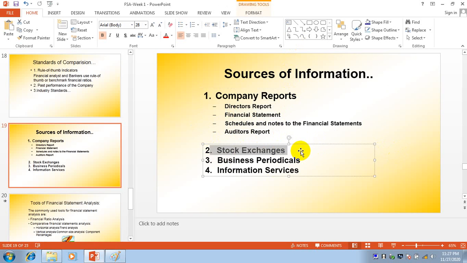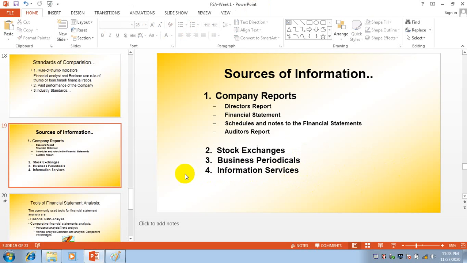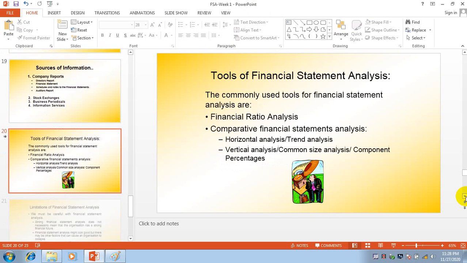Also the stock exchange, the performance of your company in the stock exchange, and business periodicals publishing reports on the performance of different companies, and information services like Moody's and Standard and Poor's. They provide information about the performance of the company. So all these are sources of information for a company.